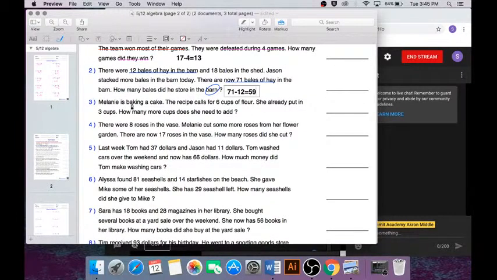Number 3, Melanie is baking a cake. The recipe calls for 6 cups of flour. She already put in 3 cups. How many more cups does she need to add? So we know that she needs in total 6 cups of flour. We already have 3 cups of flour, so how many more cups?